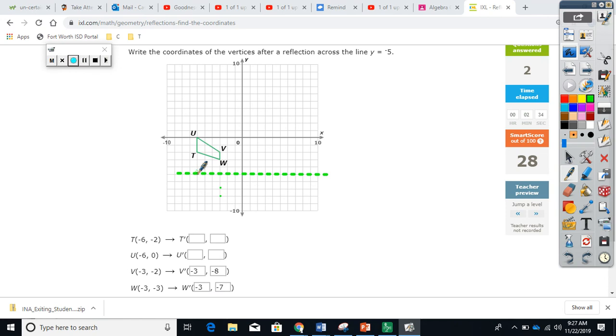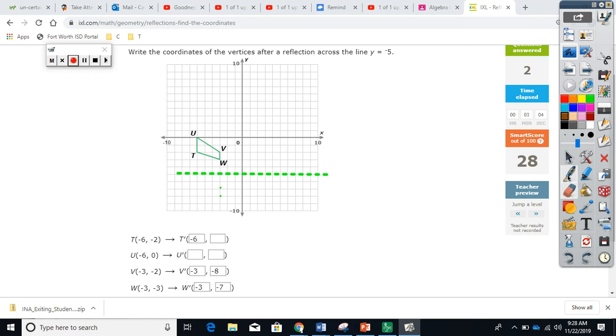The t is how many away? 1, 2, 1, 2, 3. Is that 3? Yeah. That is -3, -4, -5, -6. That's t, -6. And then the y value would be, that wouldn't be there. Is that right?